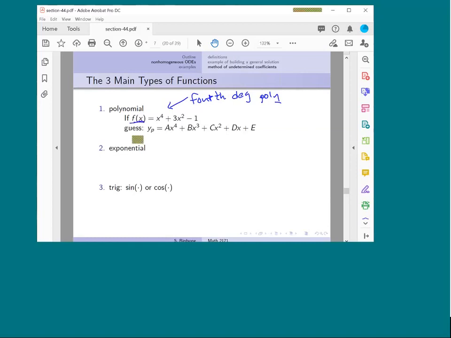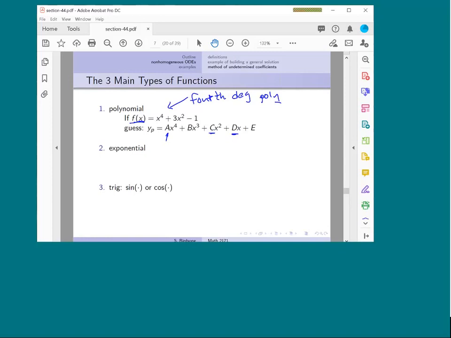But it won't be any polynomial that has a term bigger than degree 4. Maybe your coefficient a right here is 0, unlikely, but maybe. Maybe some of these middle guys over here are also 0, but they're probably not going to be the same coefficients that you had in the exact given non-homogeneous part of your differential equation.